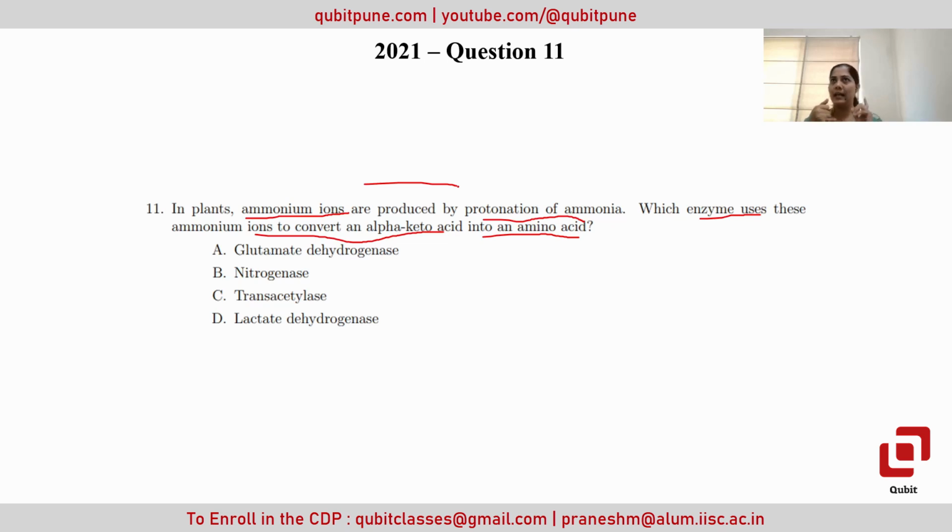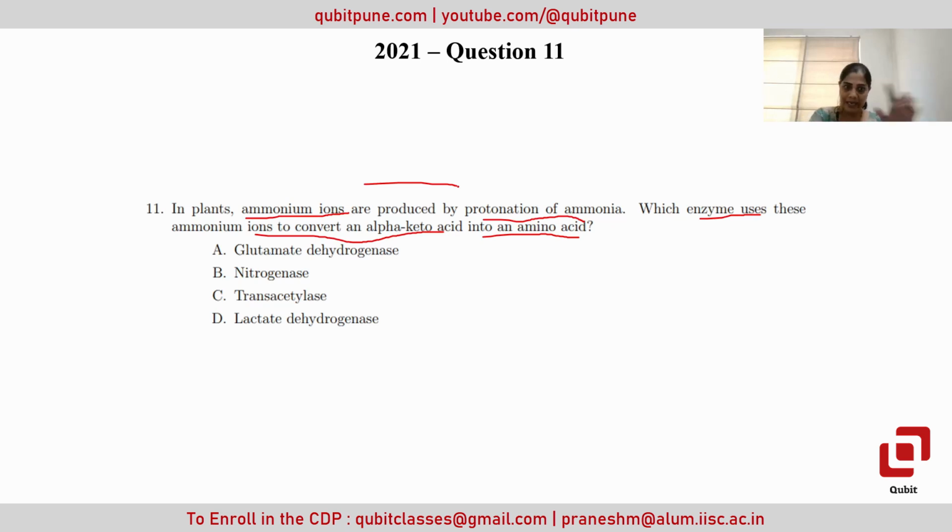Nitrogenase is for the fixation, for the ammonification process, the nitrogenase is required. So that is not the case for the amino acid synthesis. Trans-acetylase is definitely not an option, and lactate dehydrogenase again is not playing a role in the ammonification or nitrogen fixation process to ultimately form the amino acid synthesis.